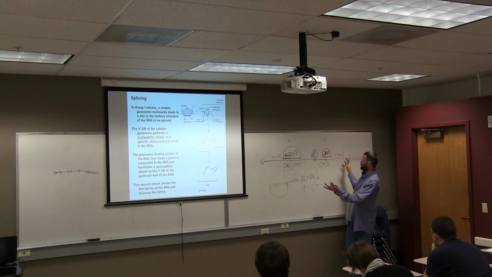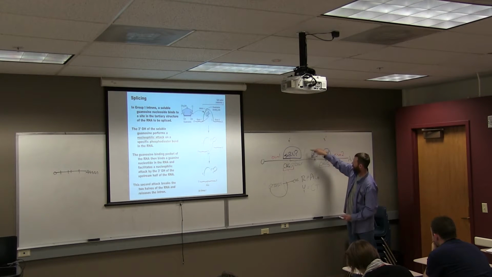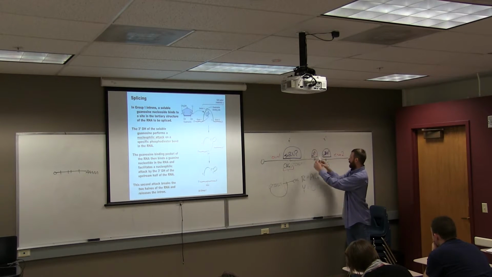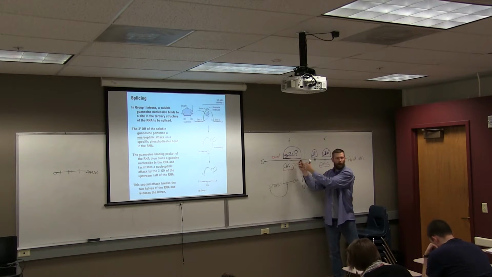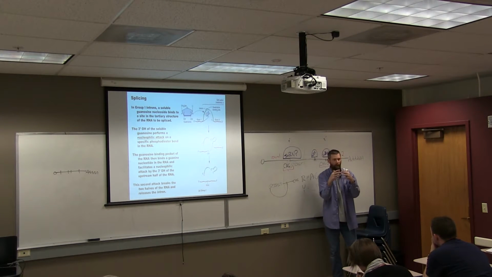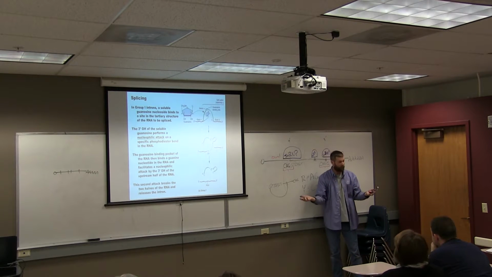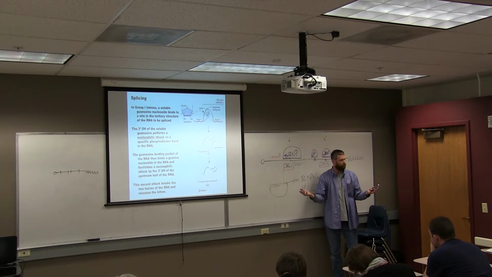And then what these guys do is this guy interacts with this guy and that guy and brings them all together such that these nucleotides here are all brought in very, very close proximity and crammed right next to each other so that covalent bonds start breaking and such. Splicing happens. Okay?